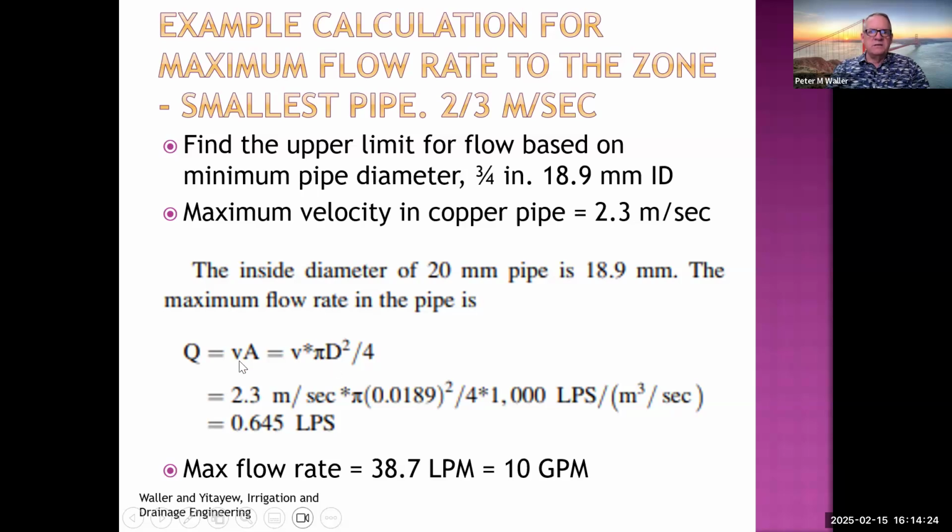Well, the flow is the velocity times the area. We can't have more than 2.3 meters per second. So we multiply that times the cross-sectional area, and we can have 0.645 liters per second, or 38.7 liters per minute, or 10 gallons per minute, which is the maximum flow rate that you generally use in a home.